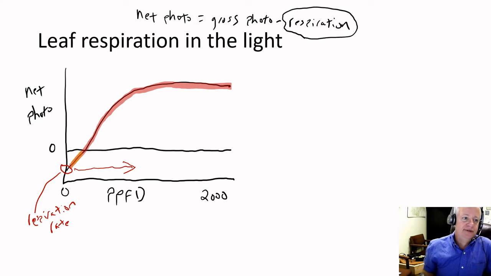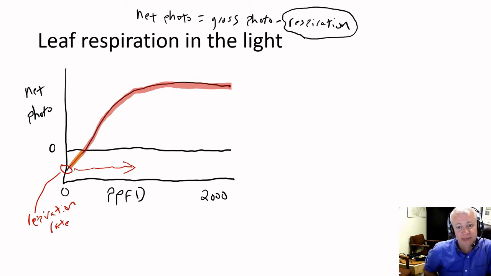The evidence shows that as light levels increase above the dark, the respiration in mitochondria actually becomes suppressed. And that's likely because there is abundant ATP produced in the light reactions of photosynthesis.